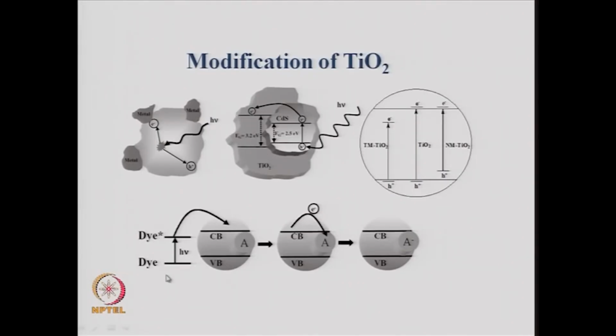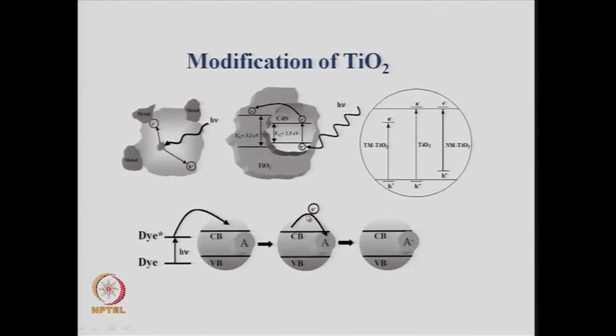Now, this was metal doped TiO2, this was semiconductor doped TiO2, and then you can have an organic dye doped TiO2. So, if an organic dye is doped in TiO2, then what happens is the energy gap of the organic dye to create an electron when light falls is, suppose it is in the visible, then the dye goes to an excited state, and then the electron from the higher orbital is transferred to the conduction band of TiO2, and then you can have some acceptor molecules which will take over this electron.